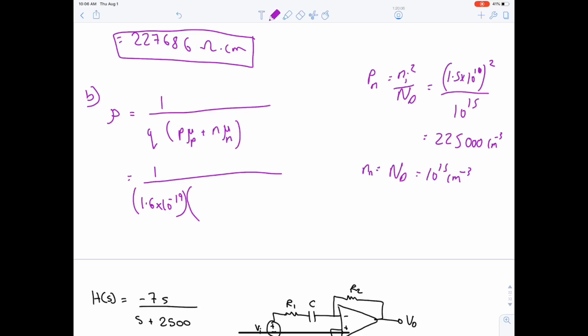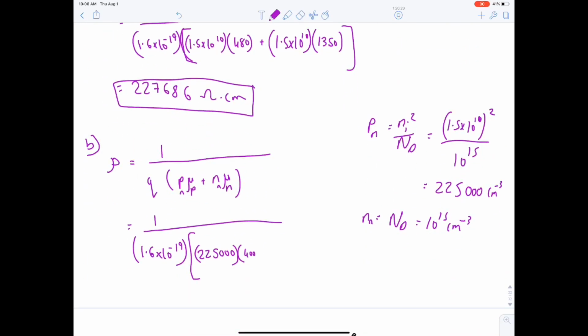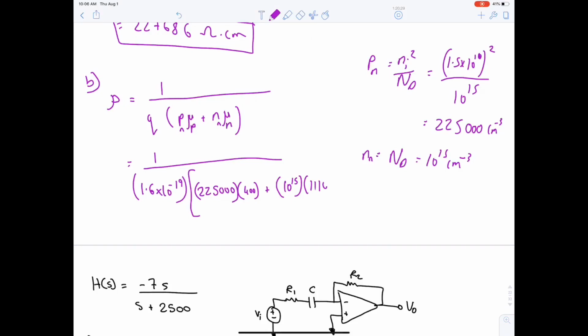So here Pn and Nn: 22530 multiplied by mu P, which is 400, plus Nn, which is 10 to the power of 15, multiplied by mu N, which is 1110, and this will give us 5.636 ohm centimeter. This is the answer.